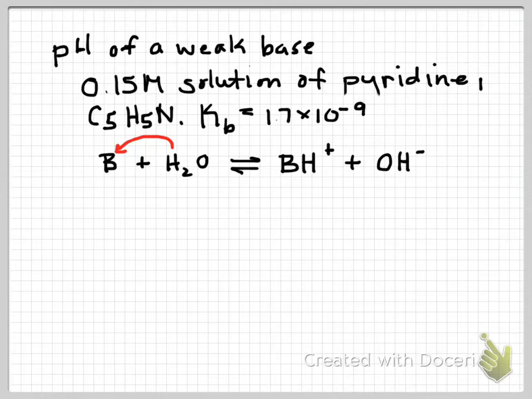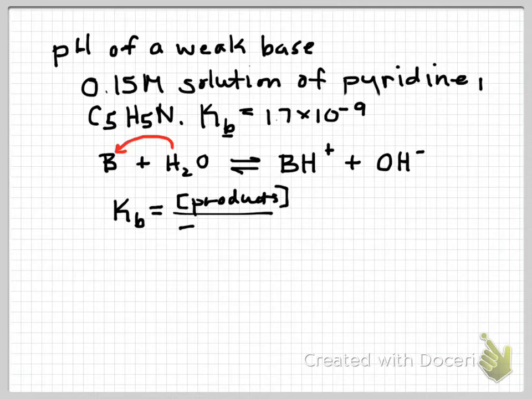So this is the generic relationship for any dissociation of a base solution. And the Kb stands for the equilibrium constant for base, and it's based on this reaction below. And we can write our Kb expression for that, our equilibrium expression. Again, just products over reactants.